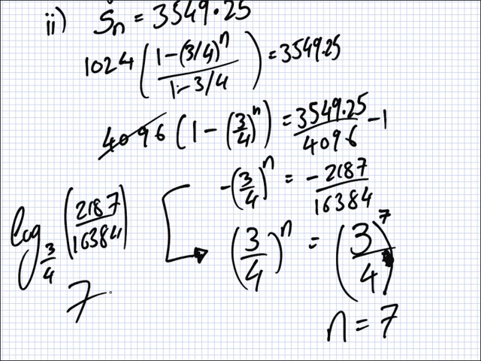How did I get the 163? If you type this in on the calculator, 3549.25 over 4096 minus 1, it just gave me that.